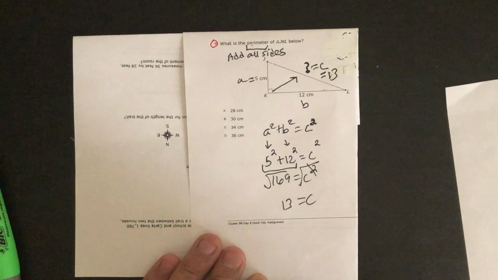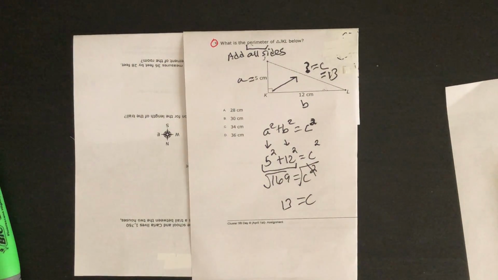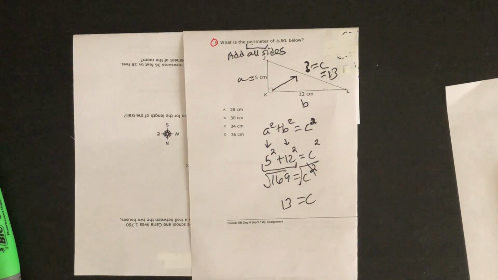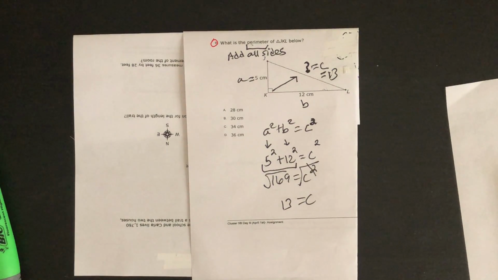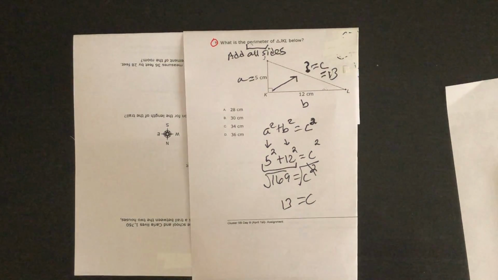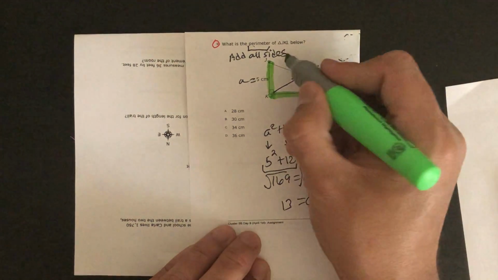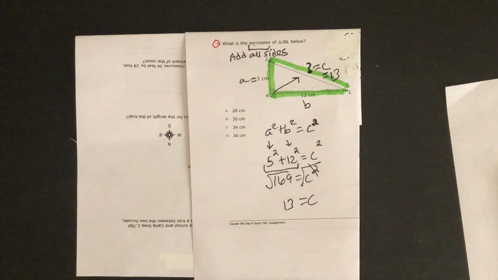Okay? Now they didn't ask me for 13. If you notice, that still isn't an answer choice. So we at least know that we either made a mistake or we're not done. So because they're asking me for the perimeter, I'm going to add up all the sides. So I'm going to say 5 plus 12 plus 13.